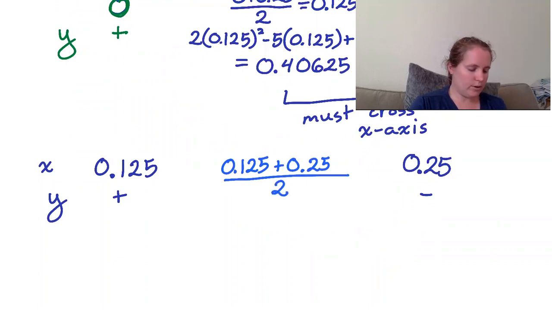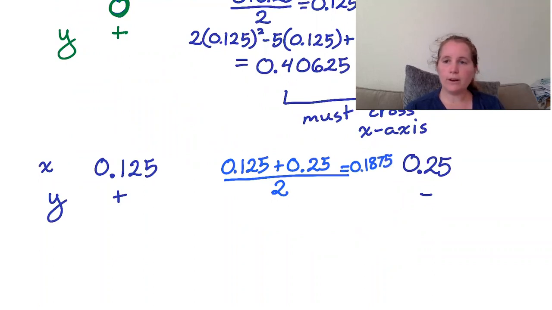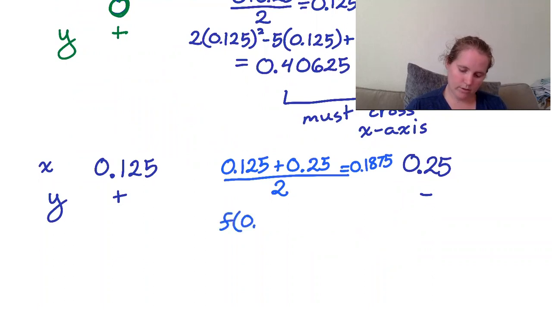And so we are looking at 0.1875. And then we need to figure out the y value at 0.1875. So I'm just going to do f of 0.1875 is equal to, and see what we get.